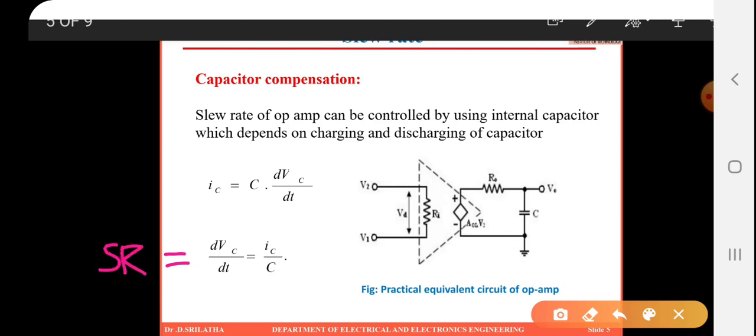So slew rate of op-amp can be calculated by the ratio of capacitor current to capacitance value.